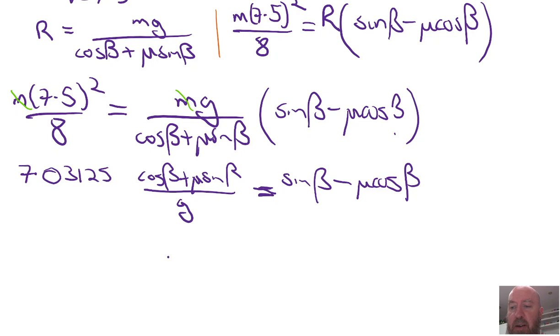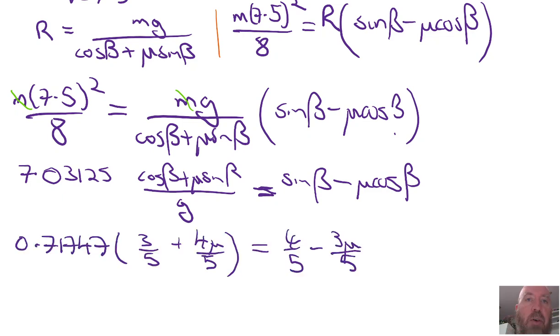Oh, and that's a confusing dot. That's not a multiply. Okay, so what we can do now is multiply everything across by 5, and that gets rid of the 5s.